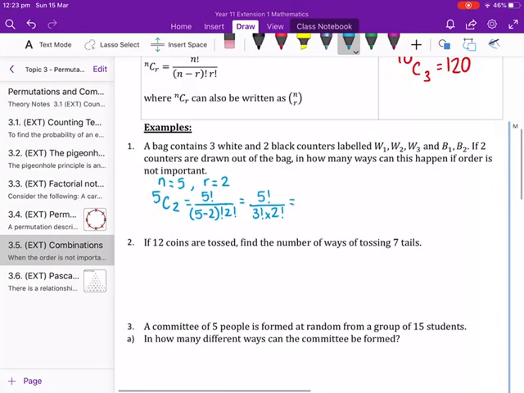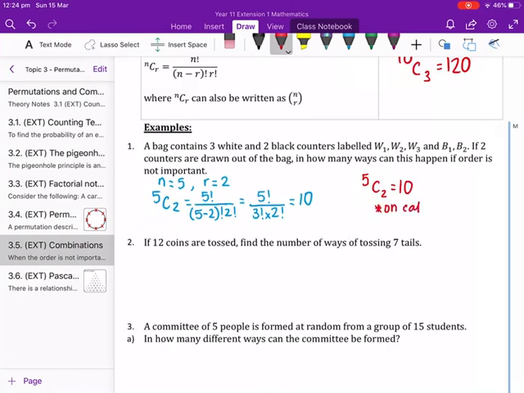When you put this into your calculator like so, you get an answer of 10. So you can do it this way, or you can do it on your calculator where you would go 5C2 by hitting Shift divide, and when you do that you also get 10. So that is on your calculator.